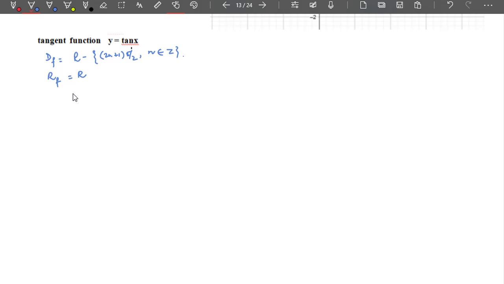This is a periodic function, but the period is pi. Pi is the minimum interval after which tan is repeated. Okay, so this is the graph.